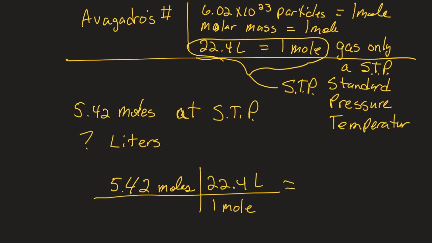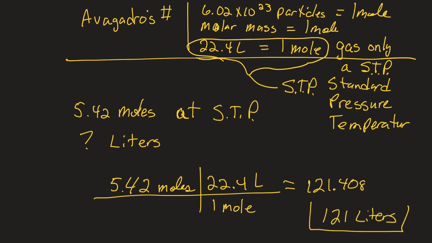I grab my calculator, do the fraction button, 5.42 times 22.4 divided by 1, equals 121.408. My number had 3 significant figures, so my answer is going to be 121 liters. And that would be the answer to this question.